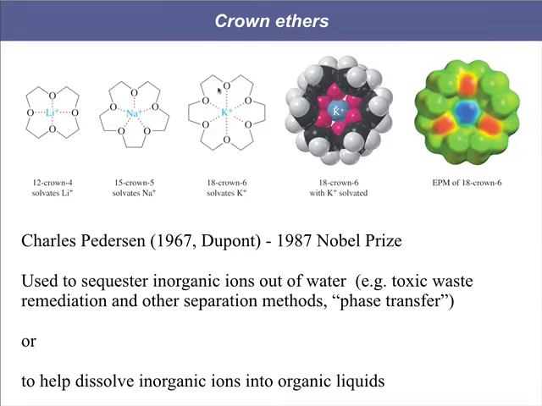But if you instead put sodium ions into a crown ether and then dissolve the crown ether into your organic liquid, like your oil or your hexane, the sodium will eventually, at some point, perhaps pop out of the crown ether and it will be stuck in the organic liquid. So, two things: you can use it to put ions into organic liquids, or you can use them to remove the ions from aqueous solutions.